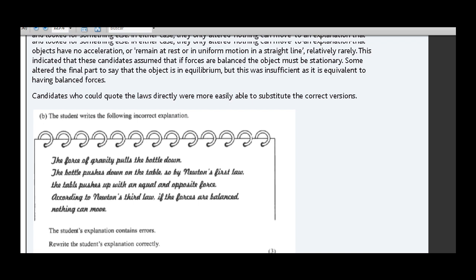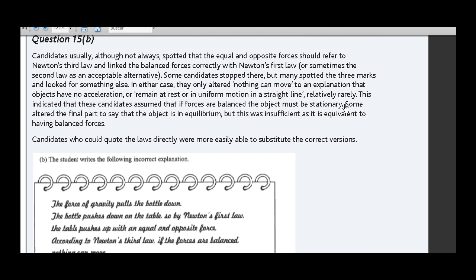Here they have a little bit of a talk before the question, saying candidates usually, although not always, spotted that the equal and opposite forces should refer to Newton's third law and linked the balanced forces correctly with Newton's first law, or sometimes the second law as an acceptable alternative. It says some candidates stopped there, but many spotted the 3 marks and looked for something else. So after having answered those two, they were still looking for a third one.